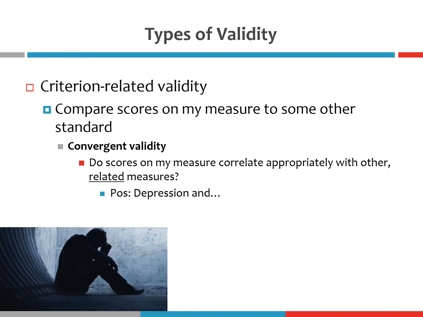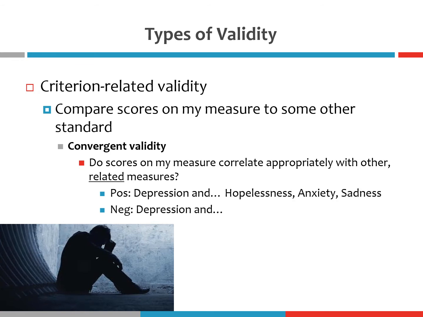Okay, so for example, let's say we are developing a new questionnaire that indexes level of depression, right? So we're developing a new depression questionnaire, okay? So what are some related measures that might yield a positive correlation?